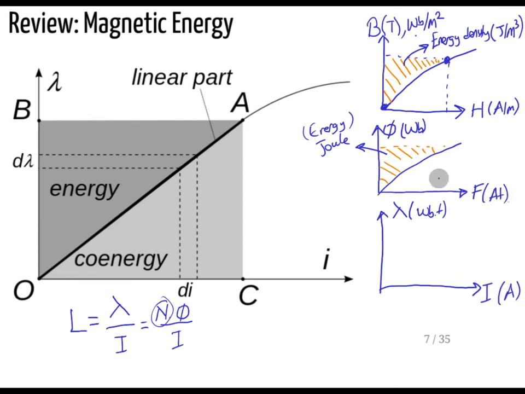From here to here the slope changes. I'm not putting it to scale, but we put the number of turns from MMF, ampere turns, to flux, so it becomes flux linkage, but the number of turns is unitless. So again, those areas are the same.